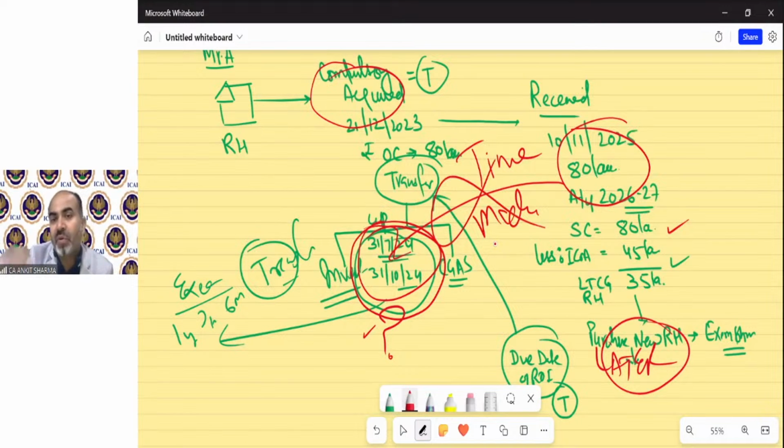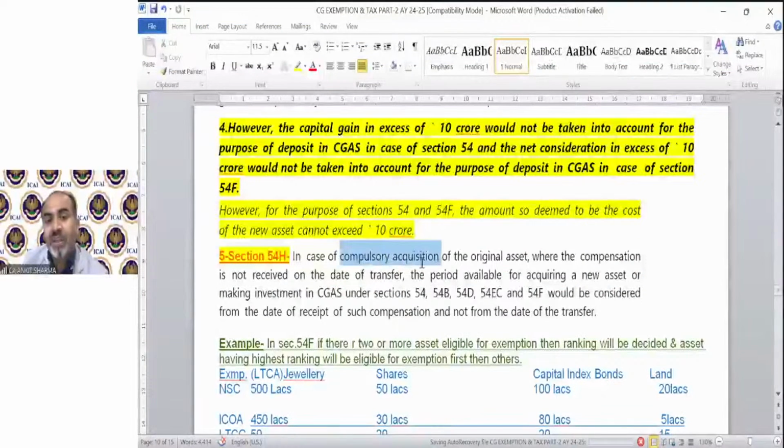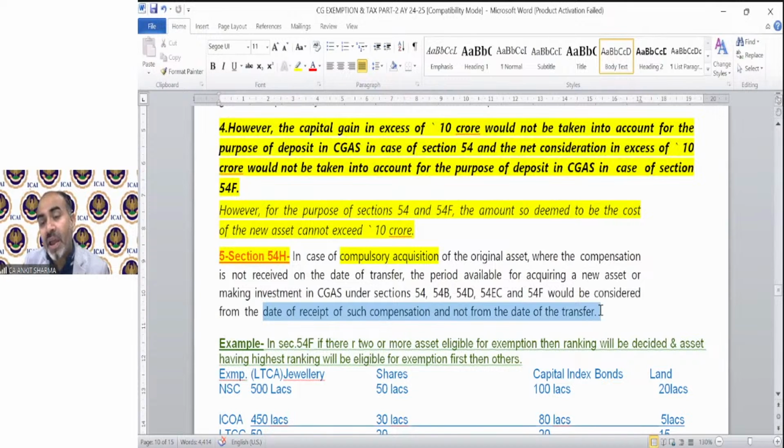So section 54H is a clarification provision which says that in case of compulsory acquisition of the original asset, where the compensation is not received on the date of transfer, the period available for acquiring a new asset or making investment in CGAS under section 54B, D, EC, F would be considered from the date of receipt of compensation and not from the date of transfer.